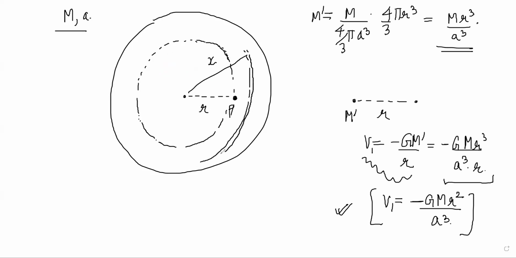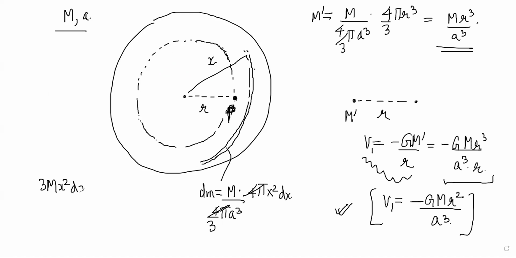This shell is clearly bigger than the radius of point P, so for this shell the potential here is fixed. The mass of this shell dm will be M by 4/3 π a³ times the volume contained in the shell, which is 4π x² dx. So you get 3M x² dx by a³, the mass of the shell.